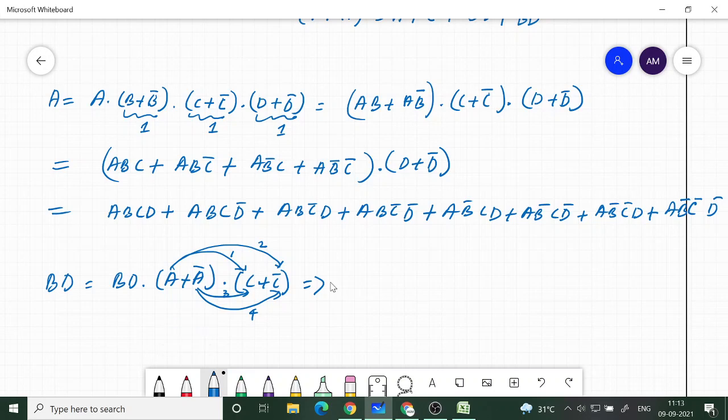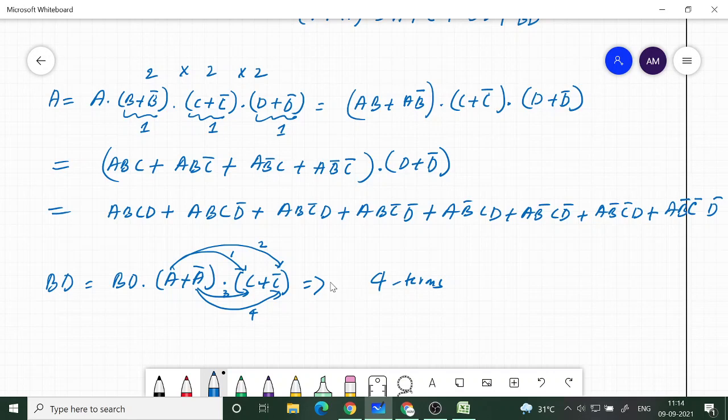There are 2 possibilities here, 2 possibilities here, 2 into 2, 4. Here it was 2 into 2 into 2, 8. So there are 4 terms, and these 4 terms you can simplify and show as BD.